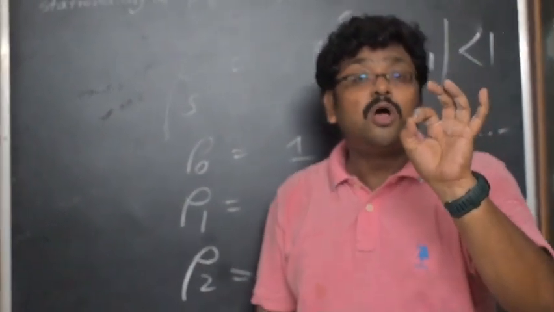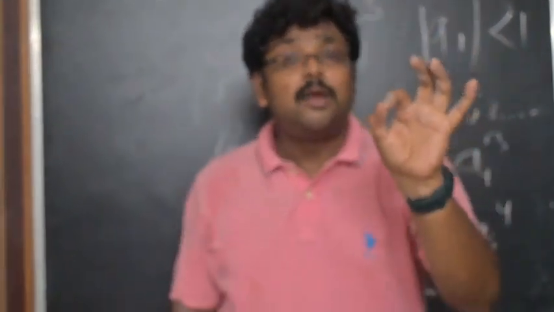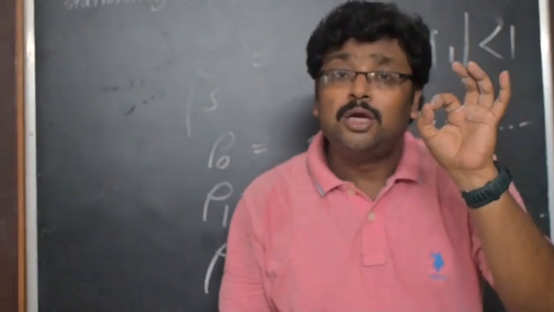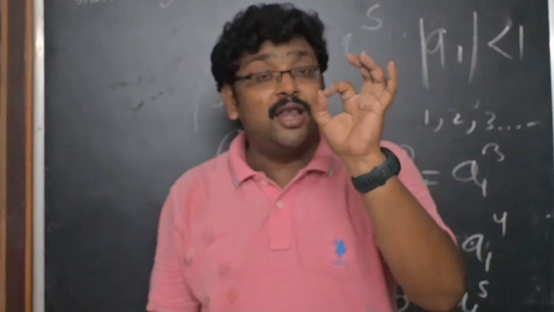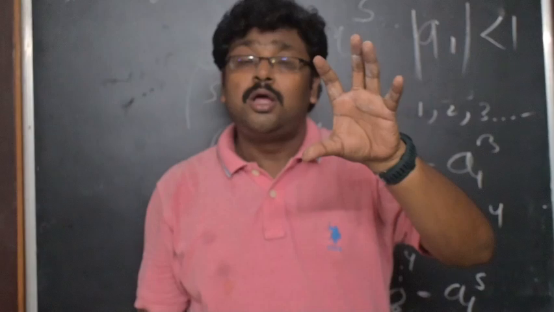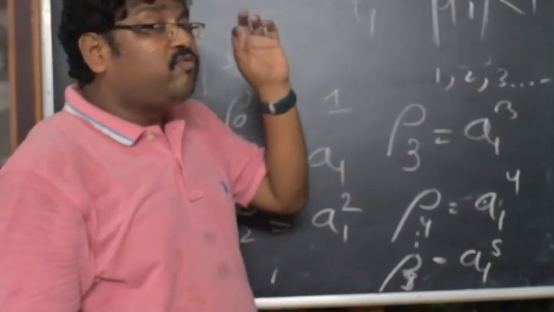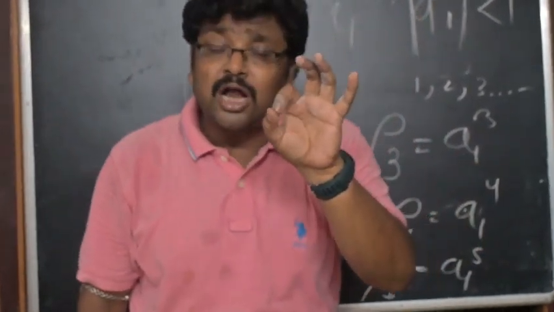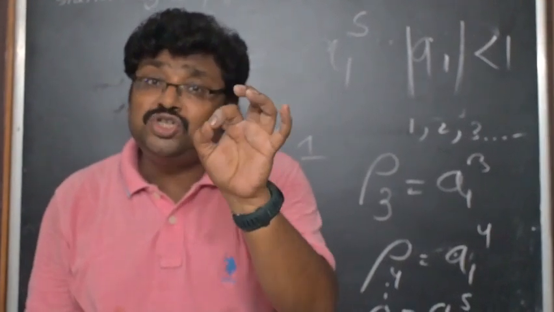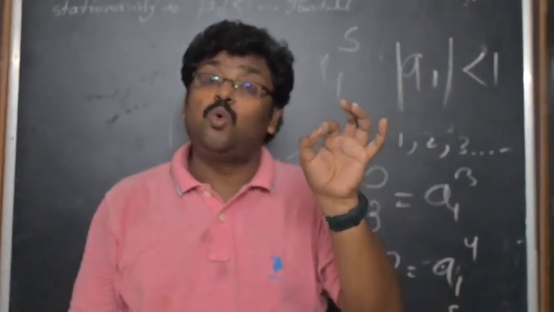In the case of non-stationarity, a1 may be 1, but in the case of stationarity, a1 should be less than 1, and if a1 is 1, then there is non-stationarity. So this is the understanding of this analysis: for an autoregressive structure, the coefficient of the lagged dependent variable should be less than 1.